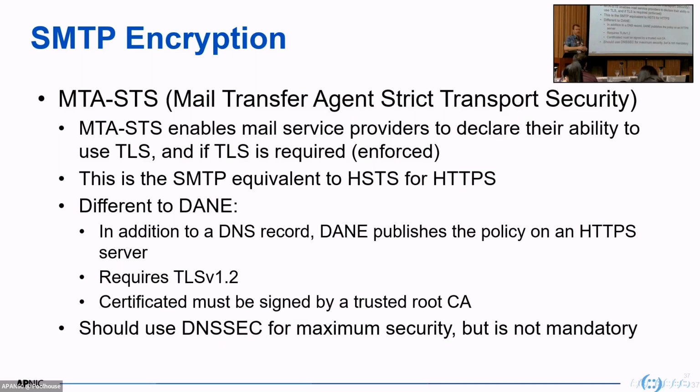It doesn't matter if errors happen or if things fall back. So there's a lot of self-signed certificates. But a self-signed certificate can't be validated very easily. So indifferent to DANE, what MTA-STS does is say you must use a root CA in order to do the signing.